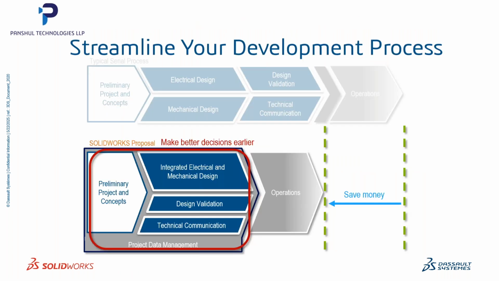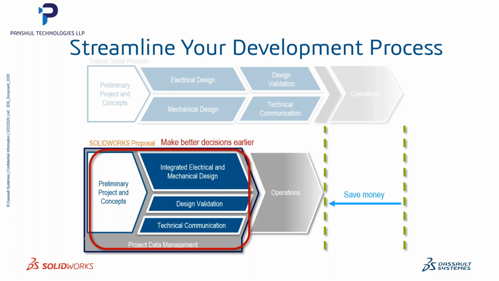So in the design stage, every stage comes one after another. That is the preliminary project and concept, then the mechanical and electrical design, then the design validation, then technical communication, then the operations. Now with SolidWorks, we can have all these things integrated seamlessly, and they can work in parallel.